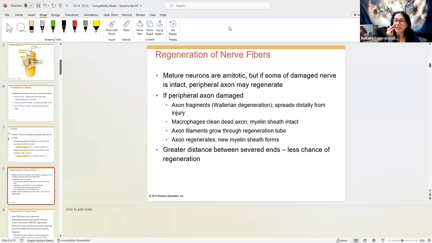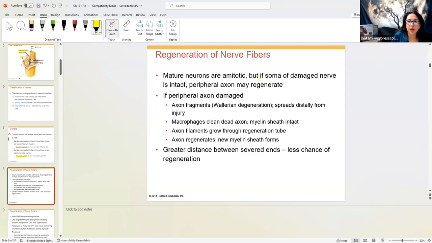It depends. It depends on whether our nerve fibers or axons are part of the peripheral nervous system or central nervous system, because in the central nervous system, regeneration of nerve fibers never happens. But if the nerve fibers or axons are found in our peripheral nervous system, and their cell body is intact, and the two ending parts of the damaged fibers are close to each other, the peripheral axon may regenerate.